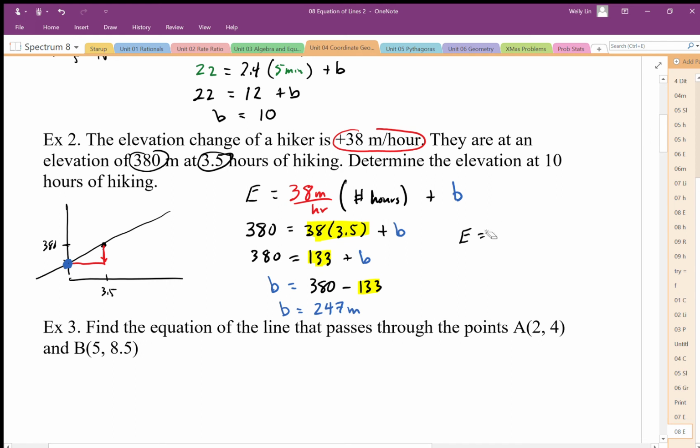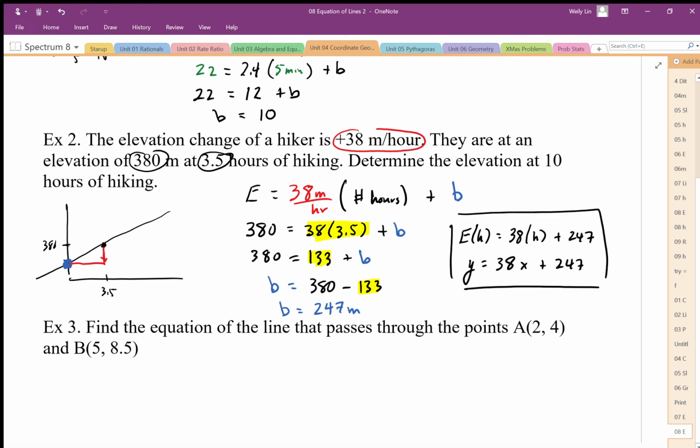Elevation as a function of time in hours is equal to 38 times hours plus 247 meters, or y equals 38x plus 247. So those represent my equations for those lines, for those relationships.